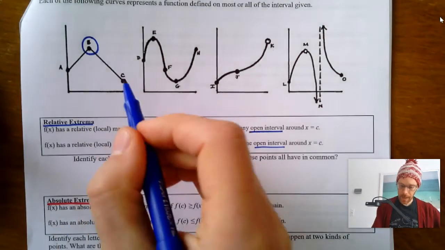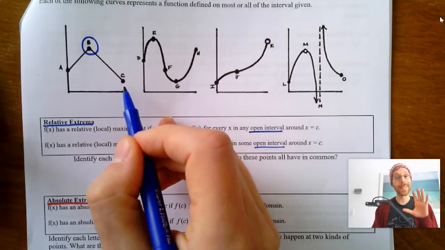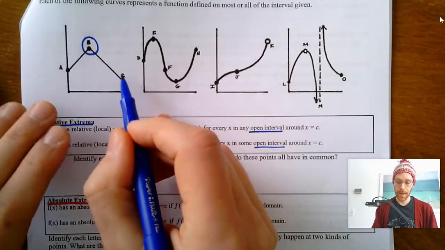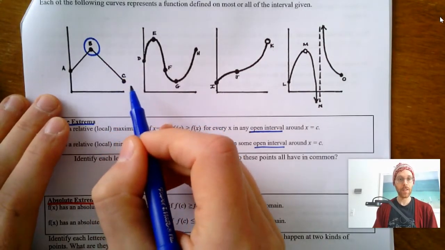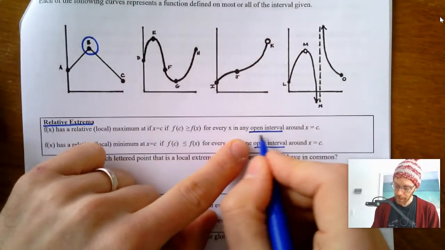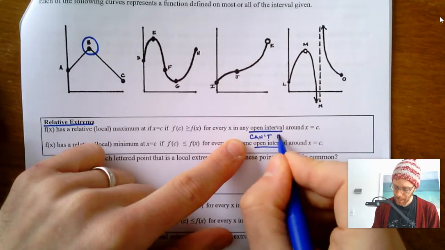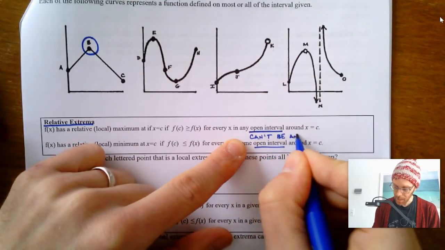Now you would be tempted to say that we also have a relative extreme at C, but that is not true. The reason is because C does not have a set of points around it. There's only points on one side. So this open interval can't be an endpoint.